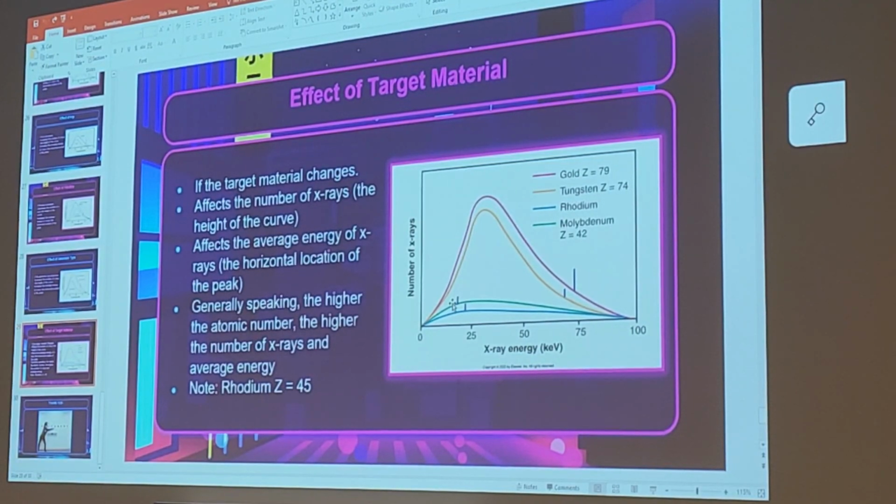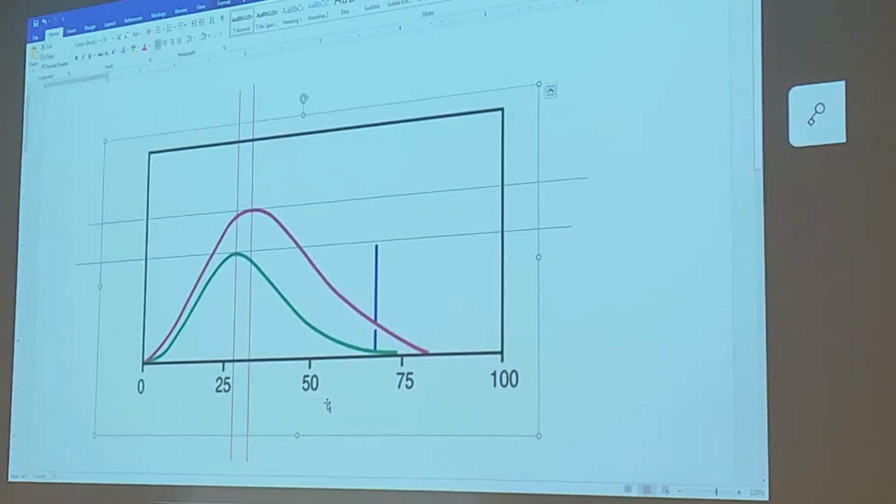Each material has its own binding energy, so each material has its own characteristic values, and they do not all match tungsten. So here's tungsten's characteristic value. Different elements have different characteristic peaks. They're characteristic to that element. So no, this one here, they're in the same location, so this cannot be target material.